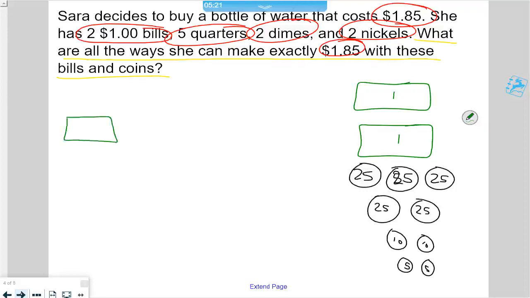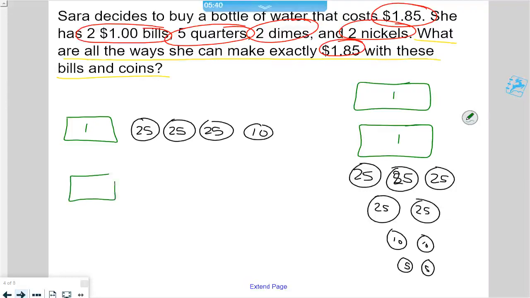The first one, I'm going to add $1, and then I have 25, 50, 75. And then I have a dime, $1.85. Option number 2, I'm going to use $1, and I'm going to use 25, 50, 75, and then I'm going to use a nickel, which gives me 80, and another nickel gives me 85. So my 2 ways to make $1.85 are right there.